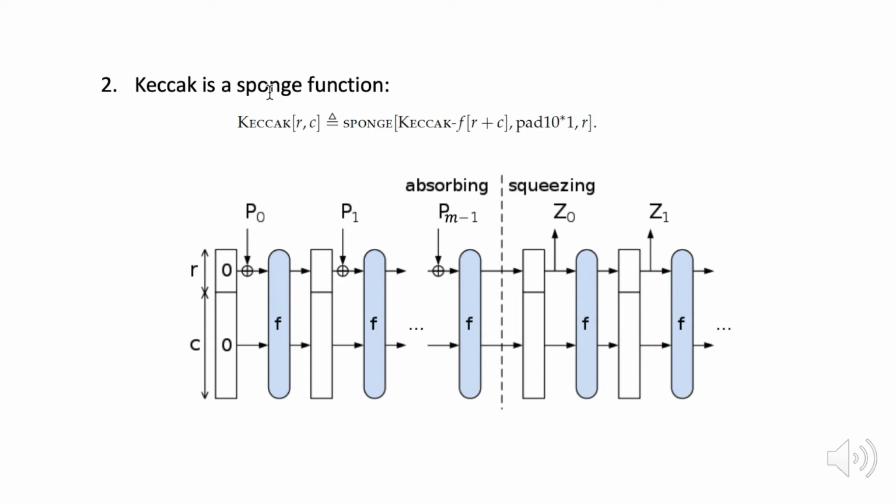It's called a sponge function because we first absorb the message bits, and then we squeeze out the output as the final hash value. The two phases are pretty much the same, just slightly different, and the same permutation function f is used in both phases.